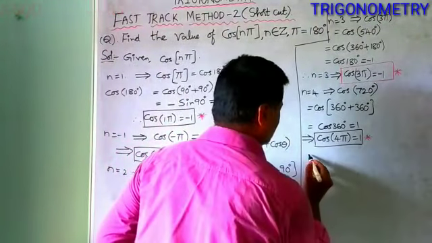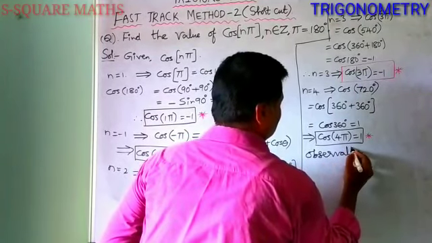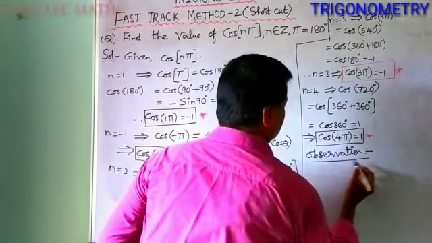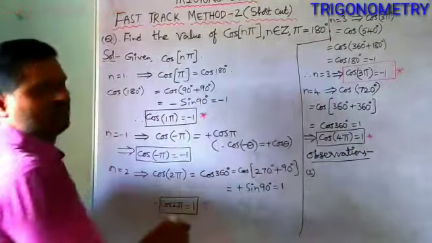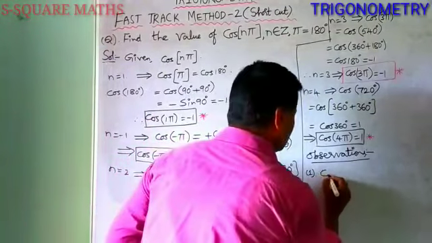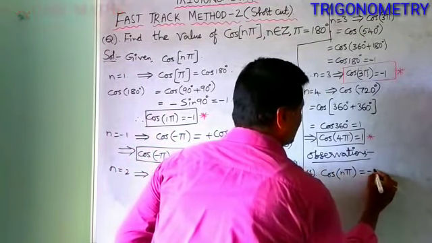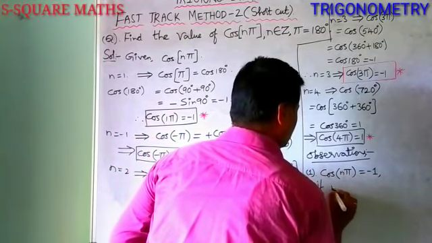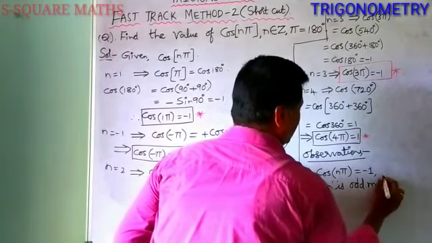Let us go through the observations. So what is our observation? From the above we can write cos of n pi is equal to minus 1 if n is an odd multiple of pi.